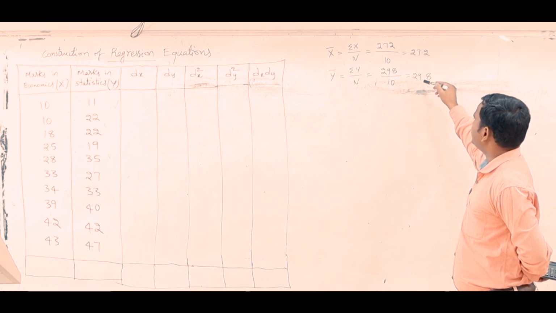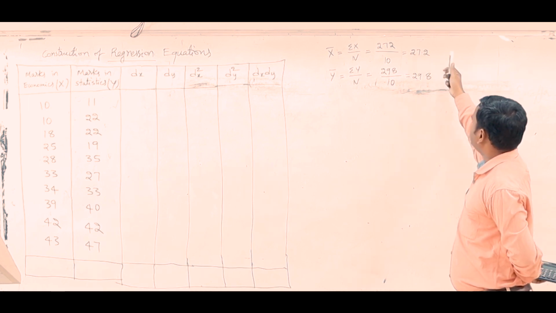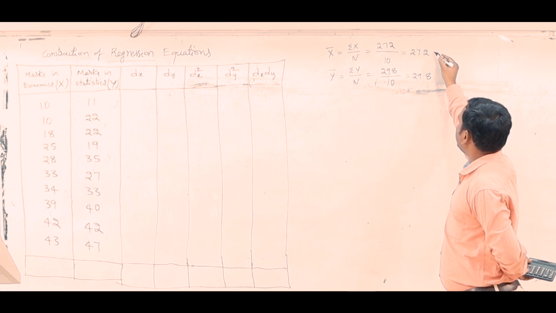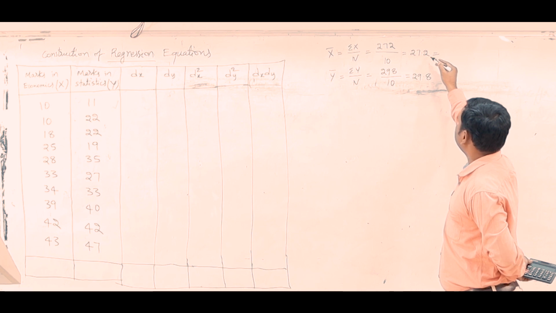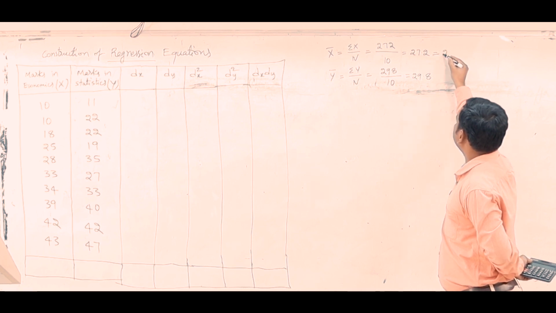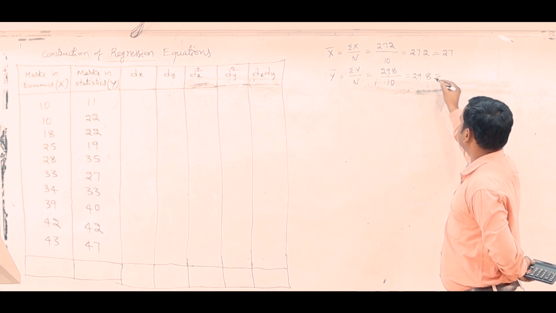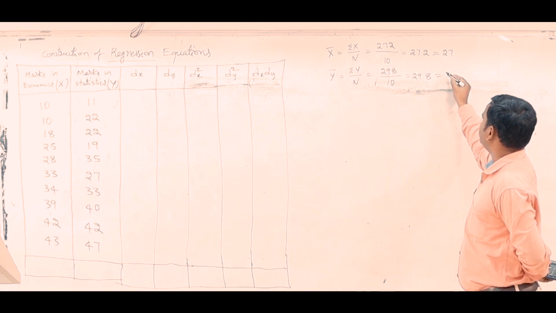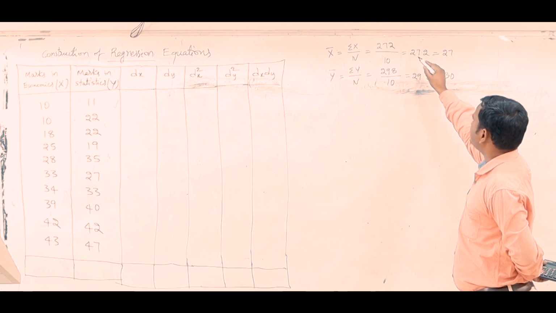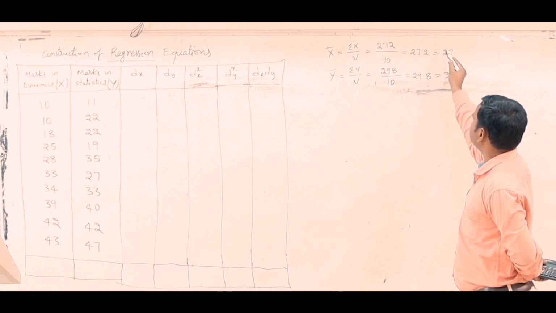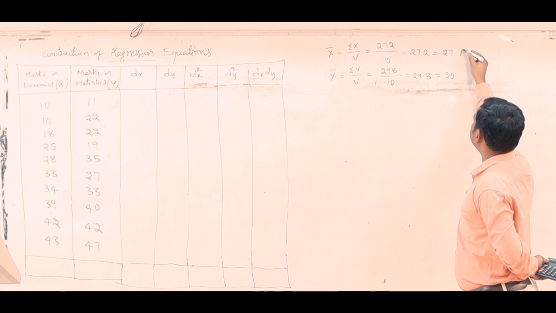For the X variable and also for the Y variable, we are not getting the exact value, we are getting values in points. If the value is in points, you have to round it off. If you round off 27.2, it will be 27. Likewise, if you round off 29.8, it will become 30. When you are not using the original value and you are changing the value, it will be the assumed mean.